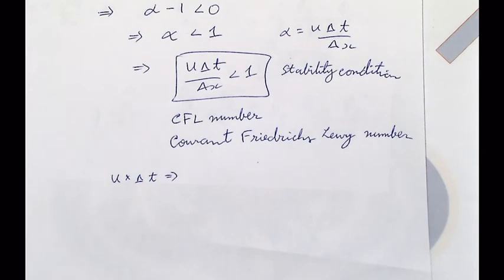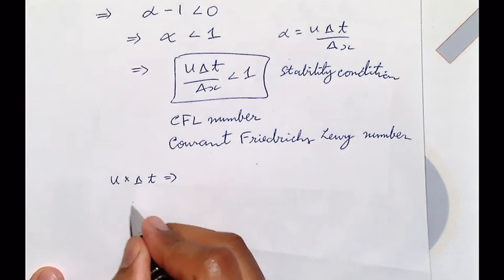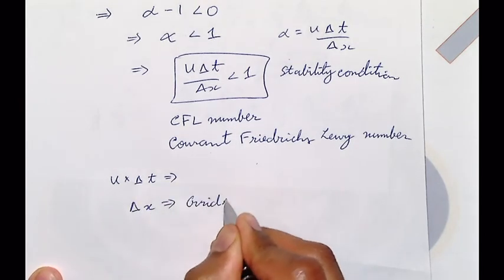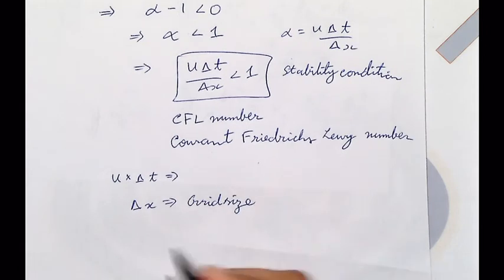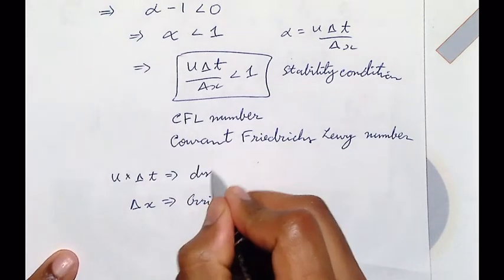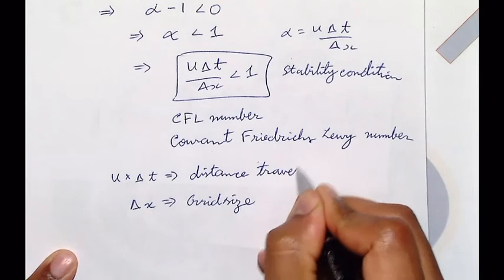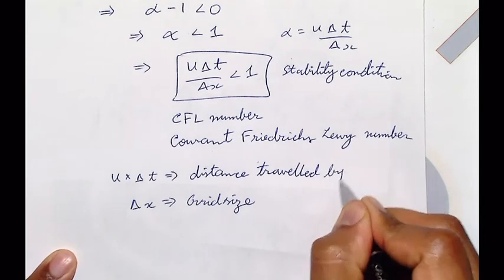So what does U times delta t represent? It's the distance moved in time delta t, the distance exactly traveled by the information.